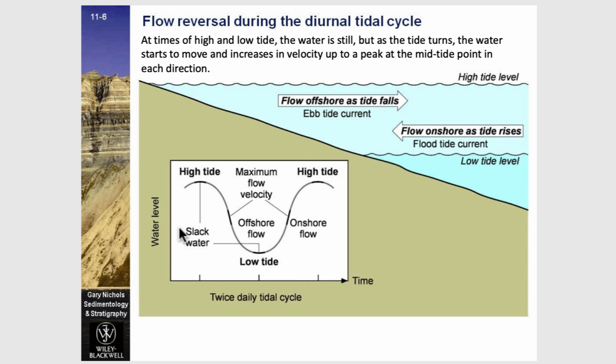So another aspect is this that is illustrated here. So we tend to have the flow offshore as tide falls, so flow will move out of the coast, and again this is called an ebb tide current, and instead you have your flood tide current when the flow is onshore and the tide is rising.